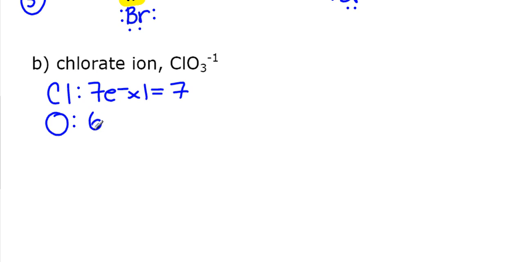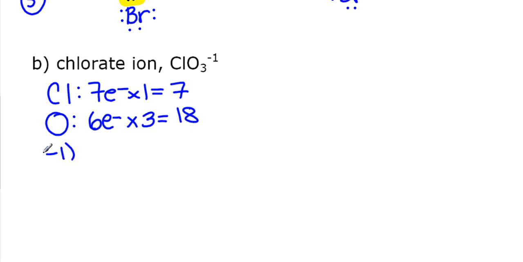So first thing I'm going to do, chlorine. Chlorine's in group 7, so 7 electrons. There's 1, so it's contributing 7 valence electrons. Oxygen, there are 6 valence electrons because it's in group 6. I have 3 of them, so 18.